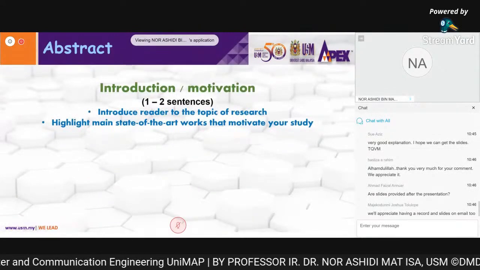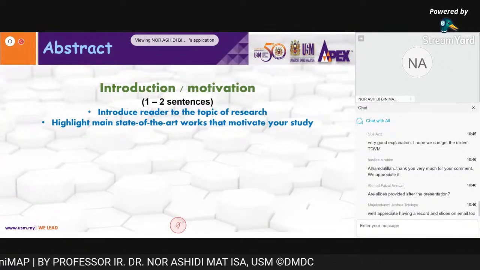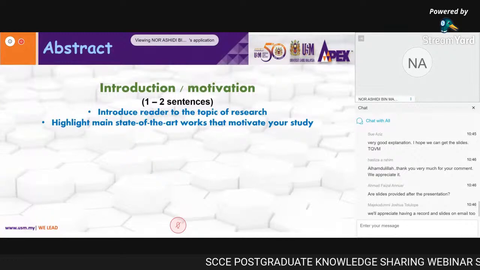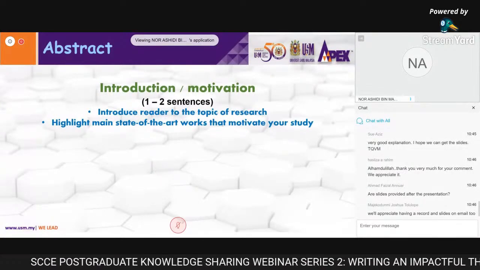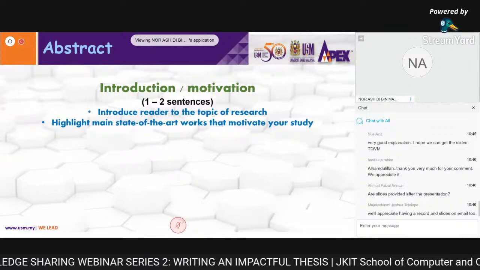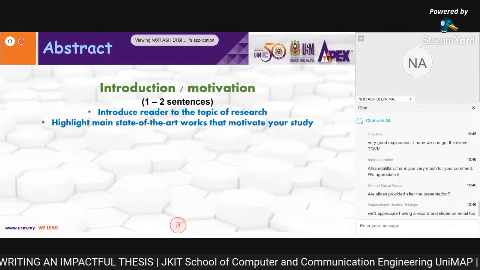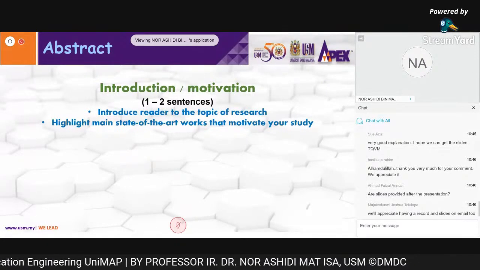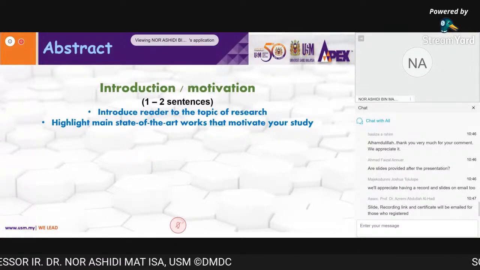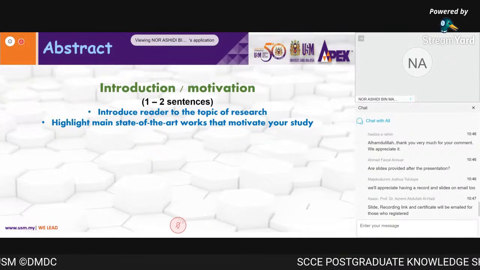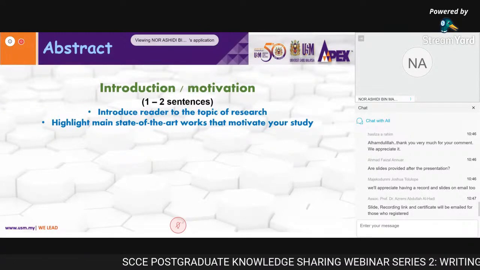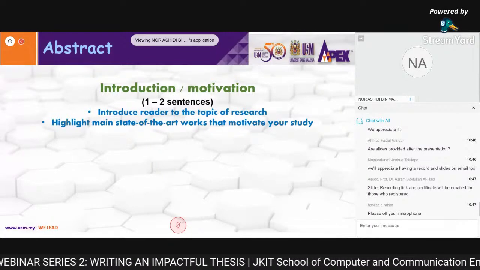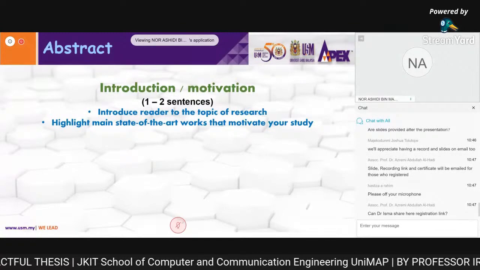Introduction. Okay. So the introduction is 1 to 2 sentences. What to put there? Just introduce the reader to the topic of your research. Highlight the main state-of-the-art methods that motivate your study. For example, the manual diagnosis procedure of cervical cancer has disadvantages such as being time consuming, as well as too subjective, because maybe different doctors come up with different results and so on.